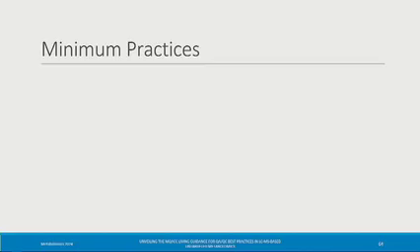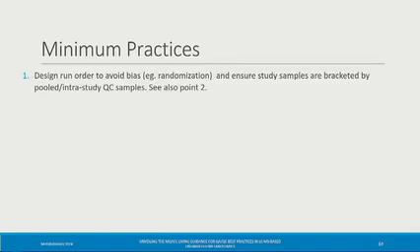So in terms of the minimum practices being recommended, as a minimum, people need to be cognizant of the run order and to randomize their samples as they're developing their method.